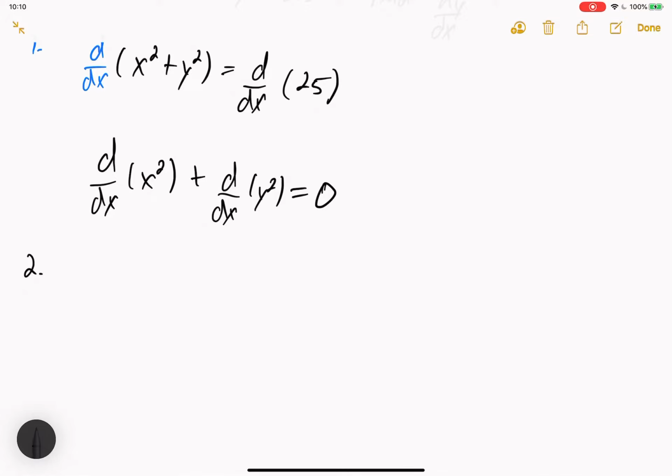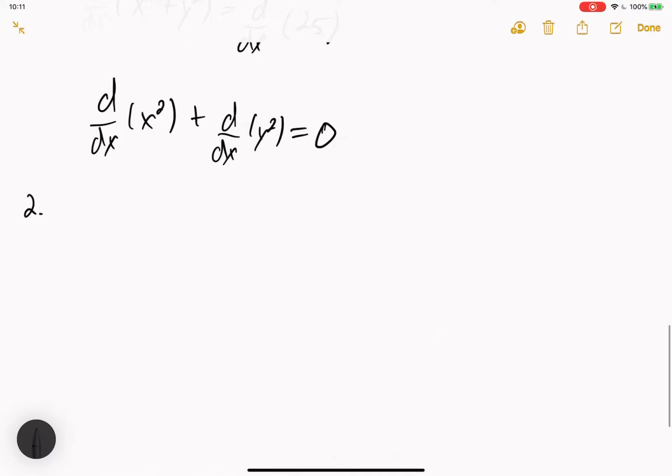So step 2 is actually going to be what I kind of told you before. So, y is a function of x. You want to remember that, and typically what you would want to write, just to remind yourself what's going on, is y is equal to f of x. So that means that the chain rule actually applies.